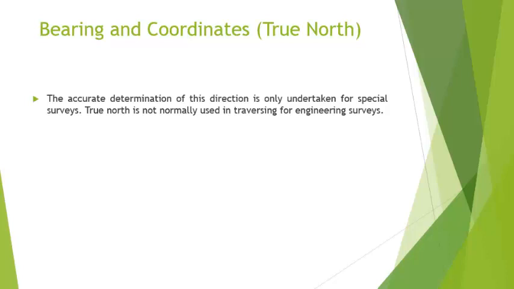If you see a globe, a model of earth, you can see the vertical lines. The vertical line is called the geographic longitude, and it converges towards each other at the poles, whether it is the north pole or the south pole.